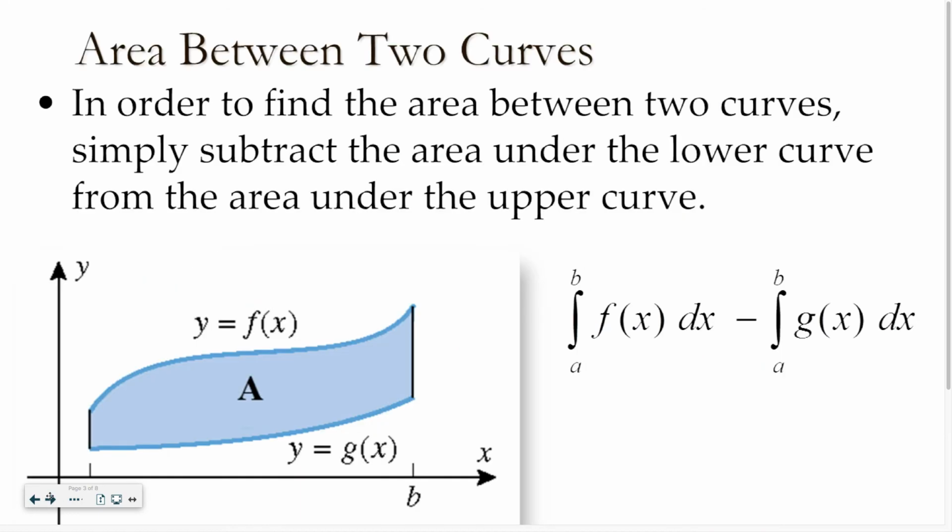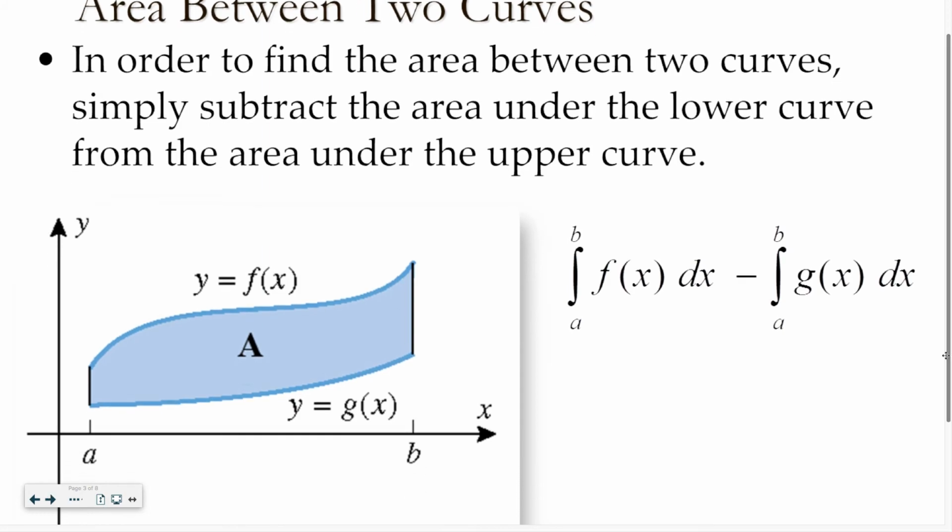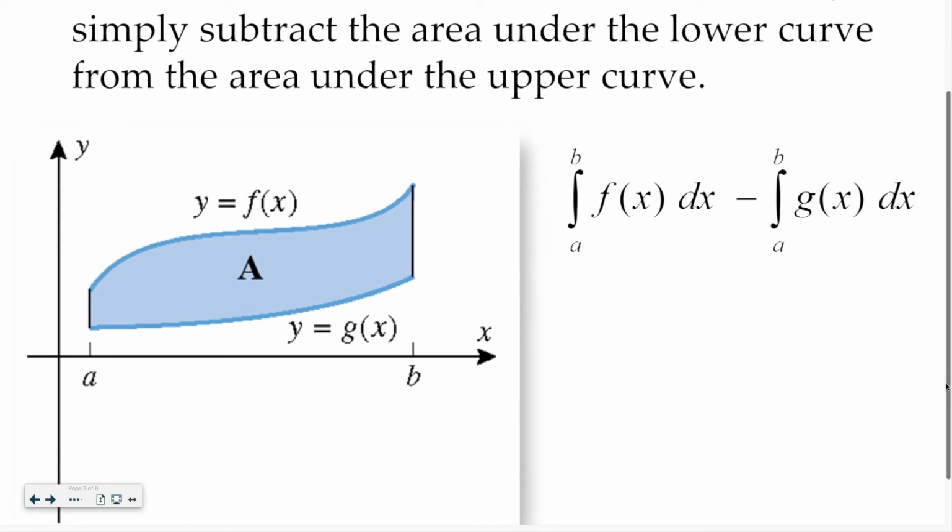Well now, if we have the area between curves, then we need to subtract out that lower area, okay? So whatever function is above, that needs to come first. The integral from a to b of our top function minus, we have to subtract out that lower function and what area is in between that and the x-axis, okay?